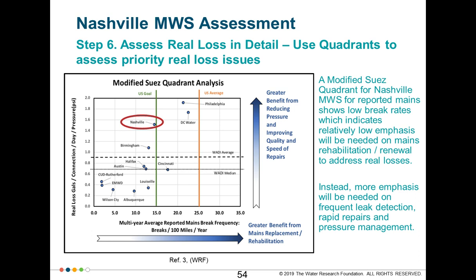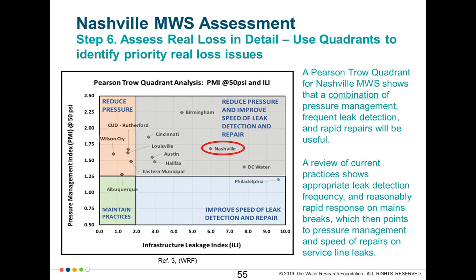And Nashville is here with low reported main breaks, but relatively high losses. So that points you towards doing things other than asset replacement, but looking at pressure and improving quality and speed of leak detection and repairs. This is sort of a graphical component analysis similar to the LCA tool that's been mentioned.